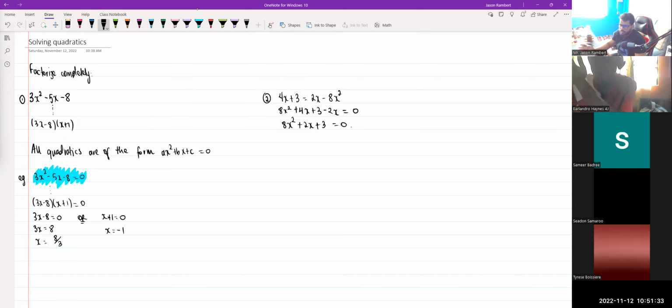Now, the purpose of these questions for now is just to practice moving around things and making it look like a quadratic equation. And this will be very helpful when we have simultaneous equations to solve where one is linear, one is nonlinear, to move about things to make it look like a quadratic and solve.